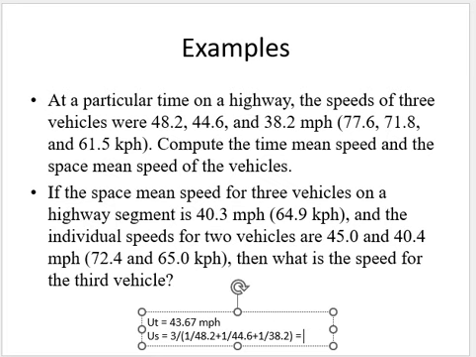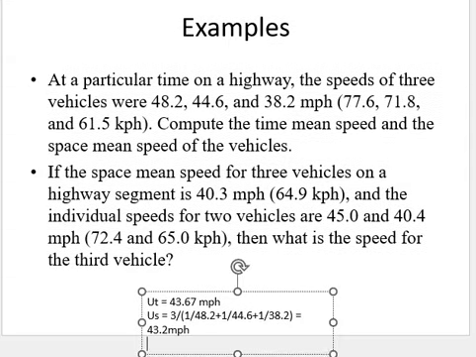So what is the speed of the third vehicle? Tell me. I'll call it U3. Four, 8, 4, 1.